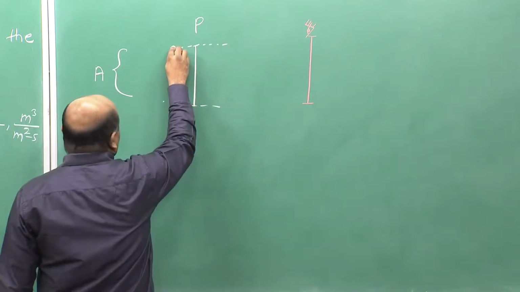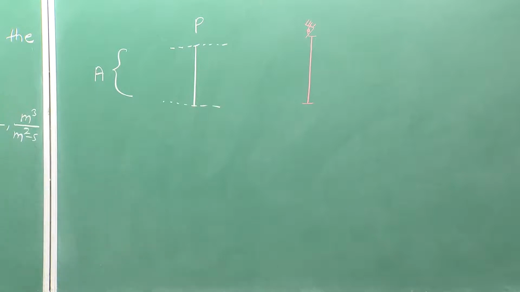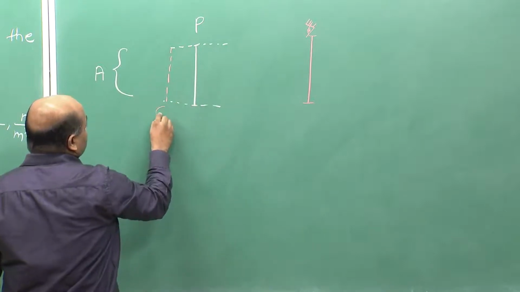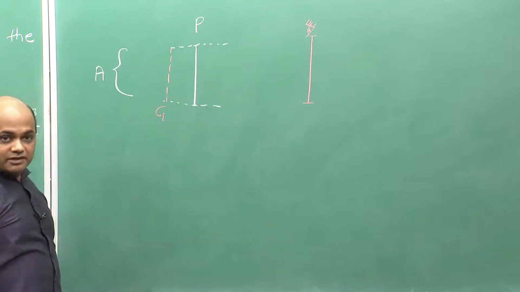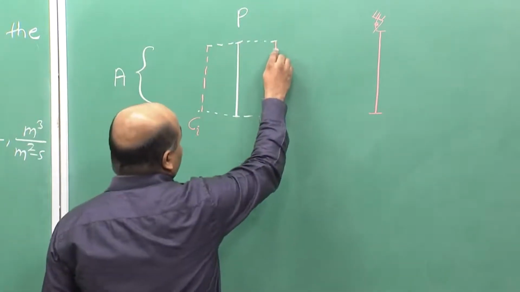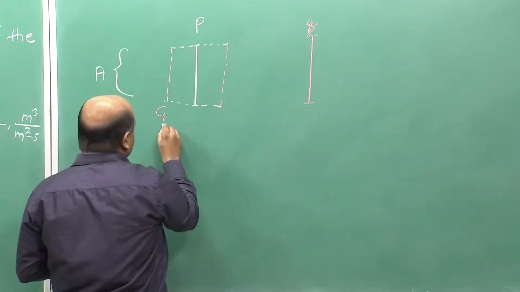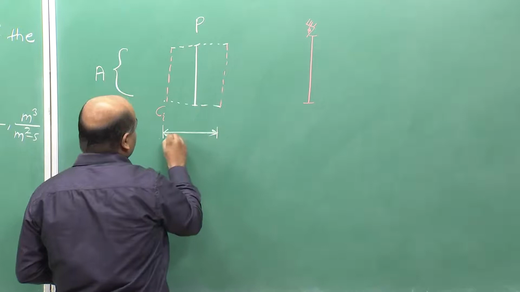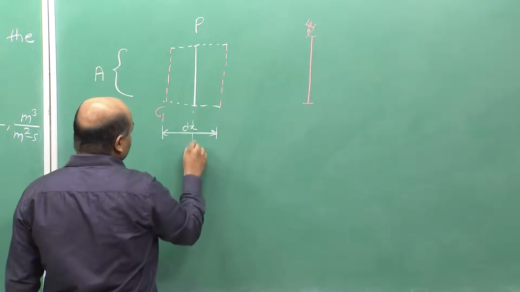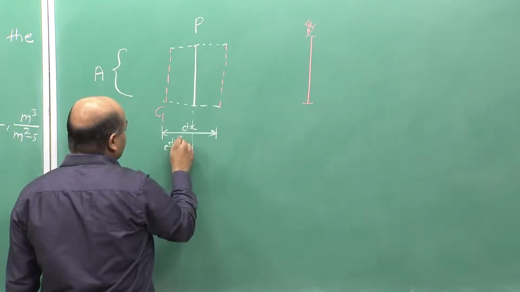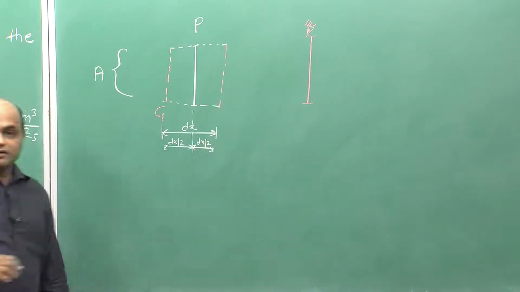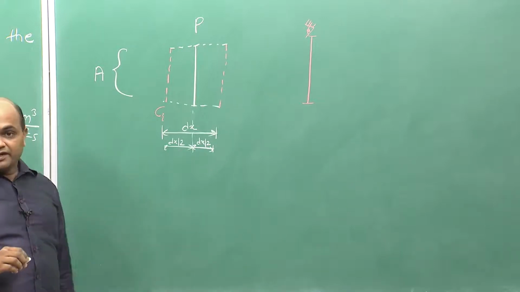Suppose we are considering a compositional front, let us call this composition Ci, as it sweeps through a distance dx across the plane P. So, this is distance dx, so this is dx by 2, this is dx by 2, in small interval of time dt.